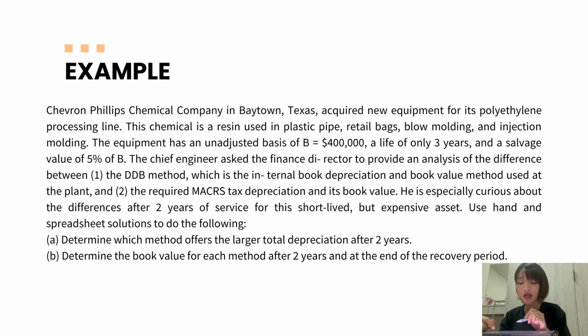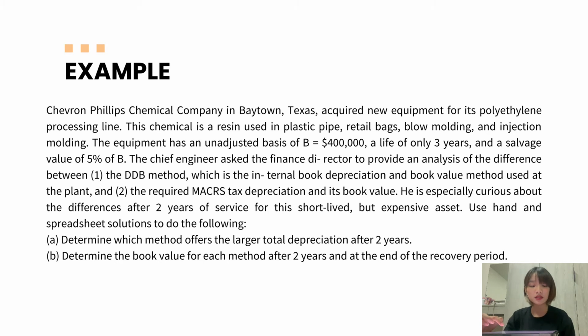The chief engineer asked the finance director to provide an analysis of the difference between the DDB method, which is the internal book depreciation and book value method used at the plant, and the required MACRS tax depreciation and its book value.